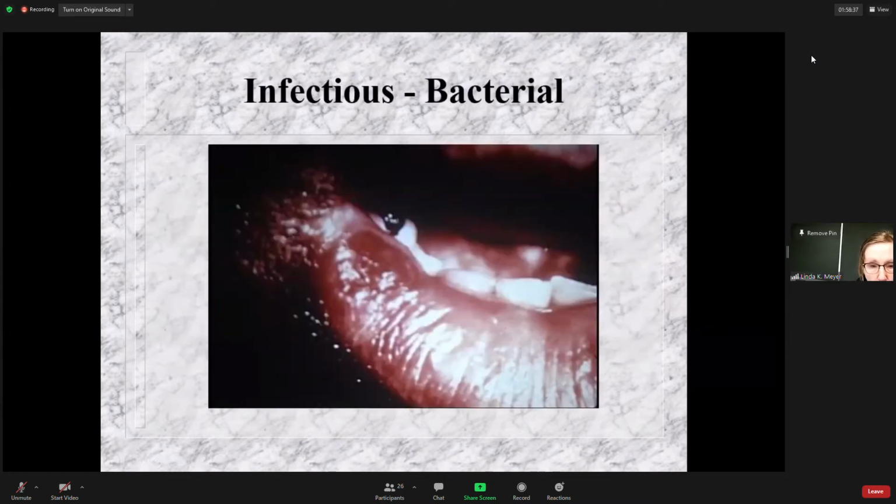And then there are different bacterial infections. This is just an example of an STD. This is actually syphilis that was transmitted through oral sex, and this is what's called a chancre in syphilis.